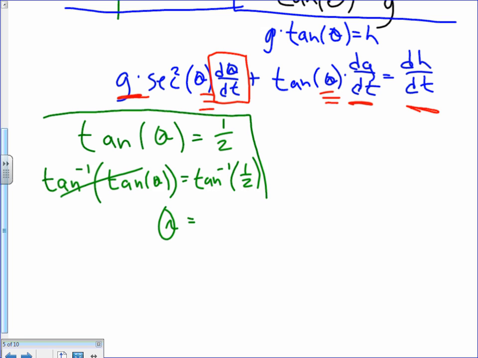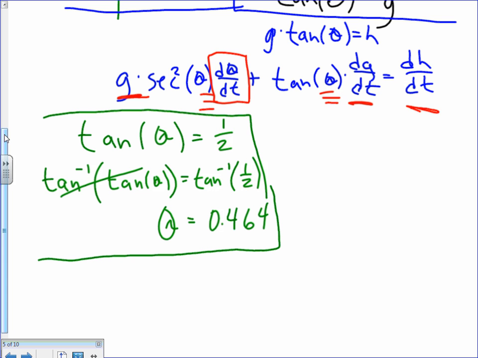Right now, what I'm getting is tangent inverse of 1/2 is 0.464. I'll round to 3 decimal places for right now. Am I doing something wrong there? Tangent is sine over cosine. I don't think so. I think that's right. Okay, let's go along with it. I'll check it at the end and come back and redo this part if I need to.